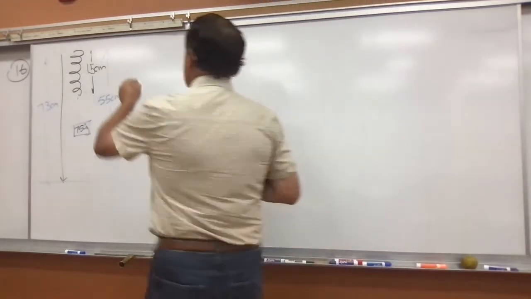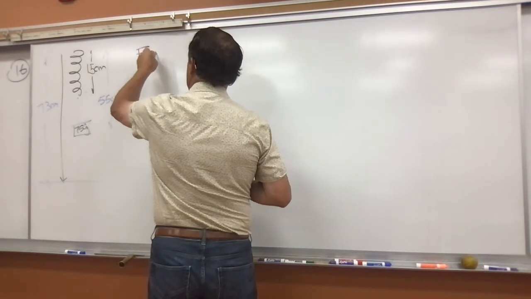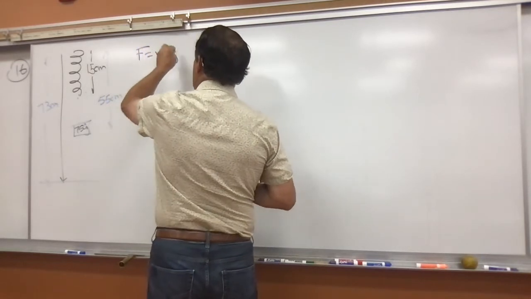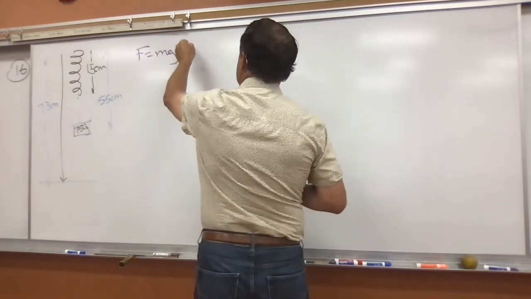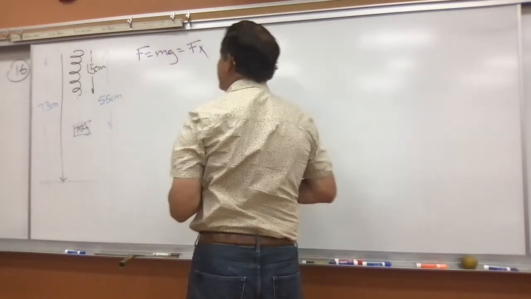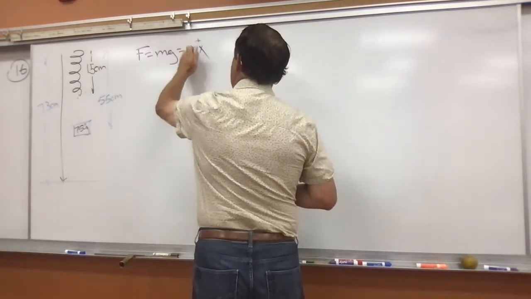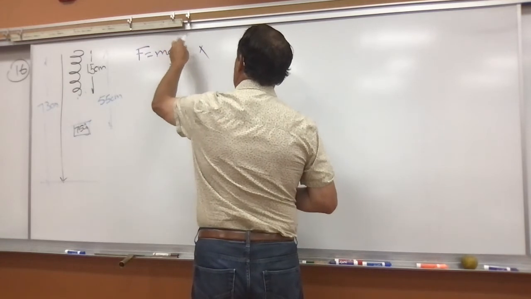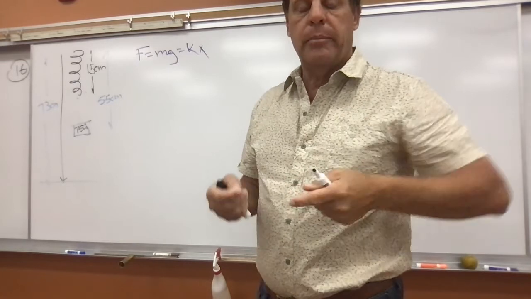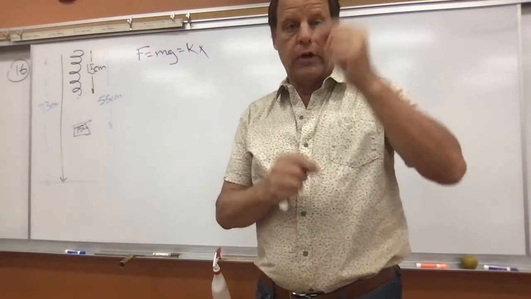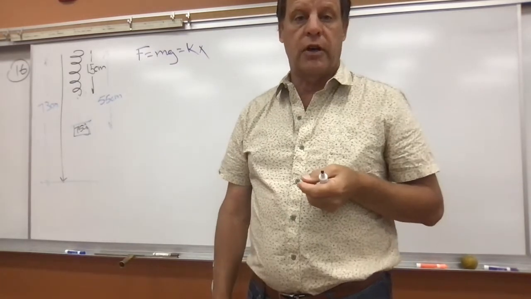So we're going to have F, which is mg down, and that is going to be equal to kx upwards. Okay, now we know that there is a negative on there, but in this case, the force is always in the opposite direction of the x.